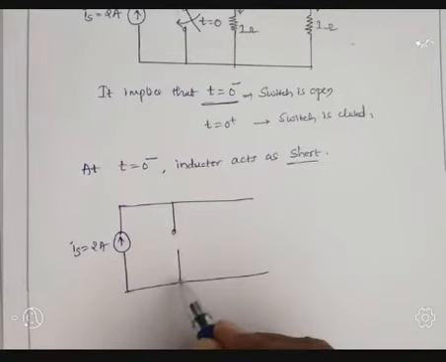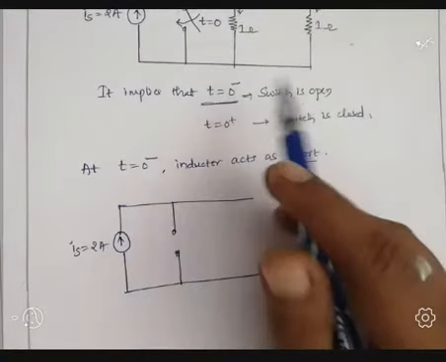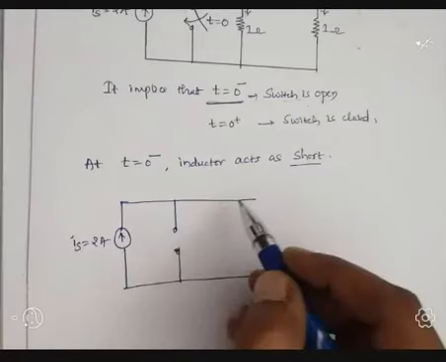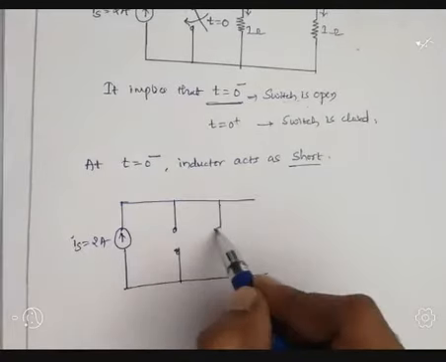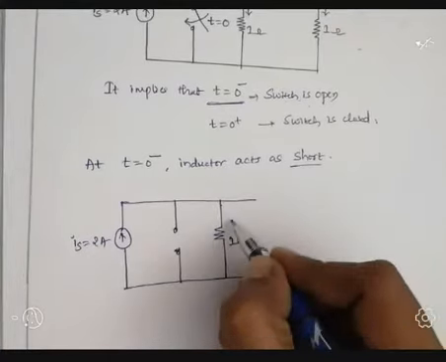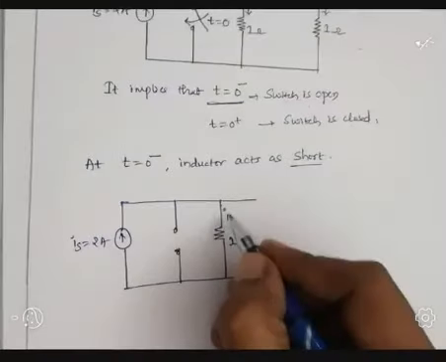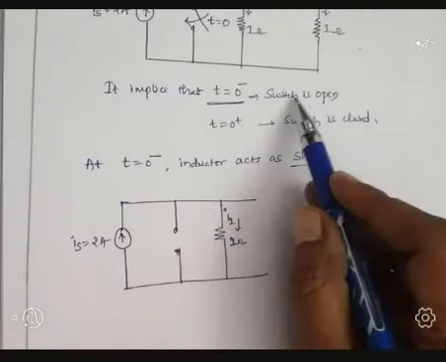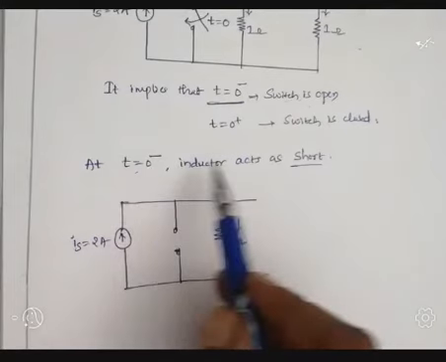The switch is open at t equal to 0 minus, so I kept it open, and the remaining is this 1 ohm resistance. Through this, current I1 is flowing. Next, the switch is open, so at t equal to 0 minus the inductor acts as a short circuit.